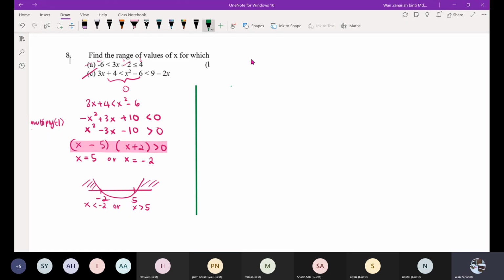Okay, so the second part is x squared minus 6 less than 9 minus 2x. Okay, x squared plus 2x minus 15 less than 0. Right? Okay, what is the factor? Plus 5, negative 3.